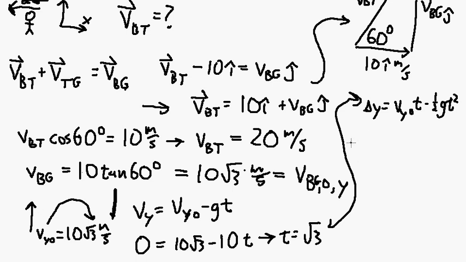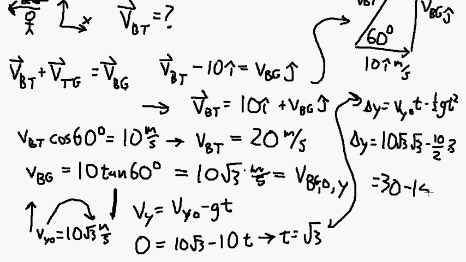The initial velocity in the y direction is 10 square root of 3, t is square root of 3, minus 1/2 times g, which is 10, times t squared, which is 3. So this is 10 radical 3 times radical 3, which is 30, minus 10 divided by 2 is 5, times 3 is 15. So 30 minus 15: the maximum height it gets to is 15 meters. And that is how you do problem 4.